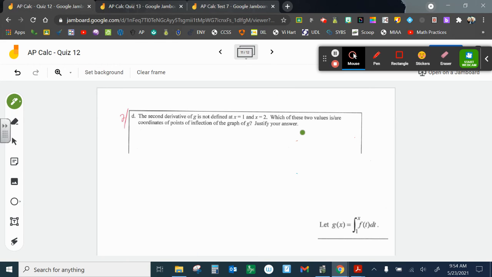The second derivative of G is not defined at x equals 1 and x equals 2. Which of these two values is or are coordinates of a point of inflection? So I know a point of inflection of G is when G double prime, which is when F prime, changes signs.